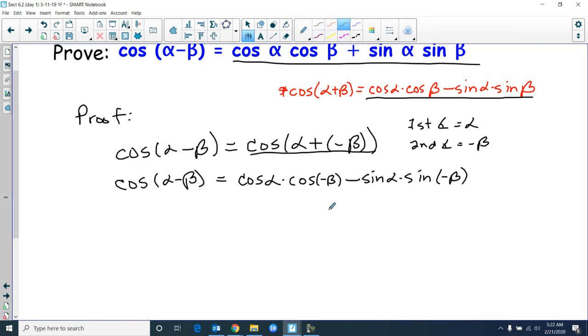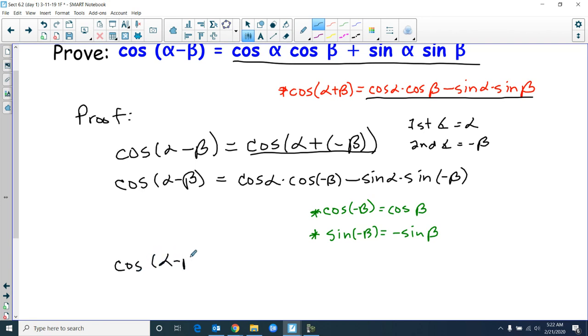Now, you don't need to write this down as part of your proof, but here's the case. Cosine of negative beta, since it's an even function, is the same as cosine of beta. And the sine of negative beta, since it's an odd function, is negative sine of beta. So I can go here and start with cosine of alpha minus beta equals.